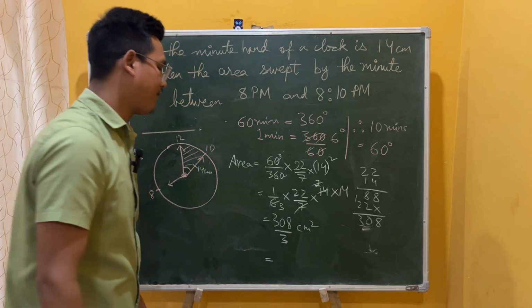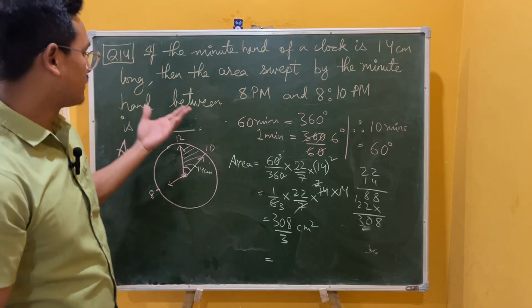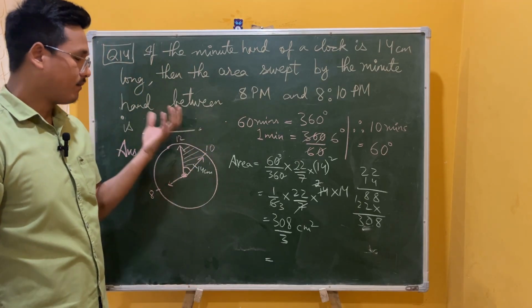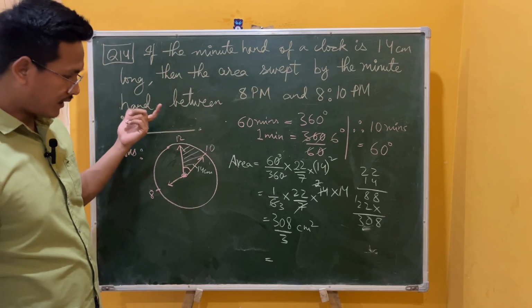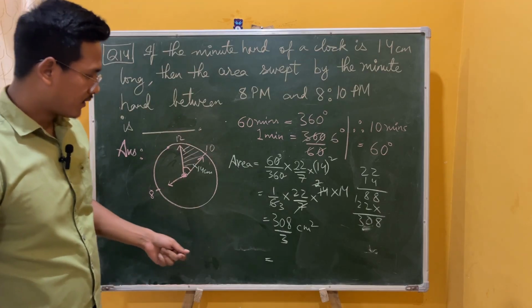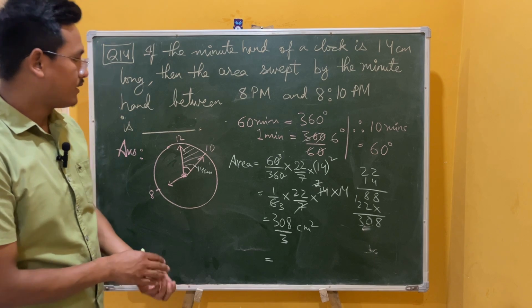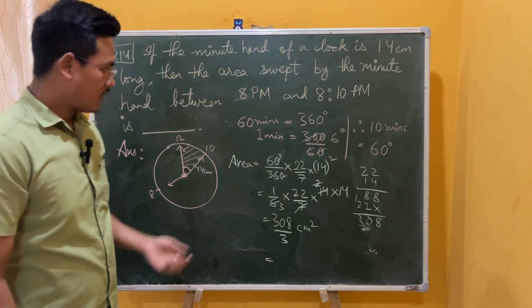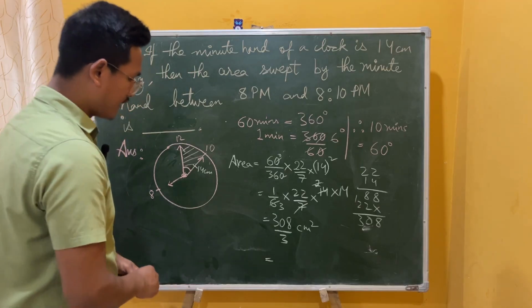So you can find its answer in decimal. If it was a multiple choice question, then you'll have to see the options. If the options have 3 as the denominator, then you may check here only. But if the answer is in decimal, then you'll have to divide and get the answer.